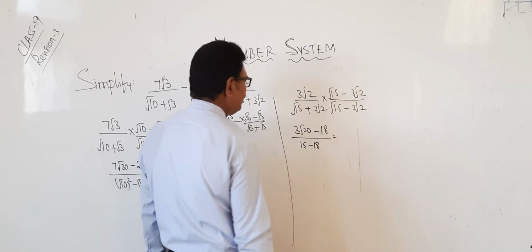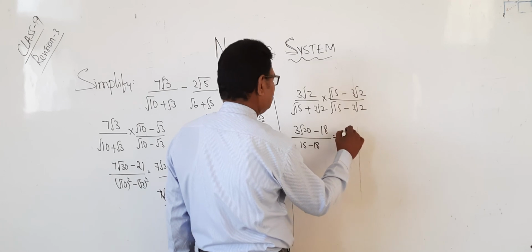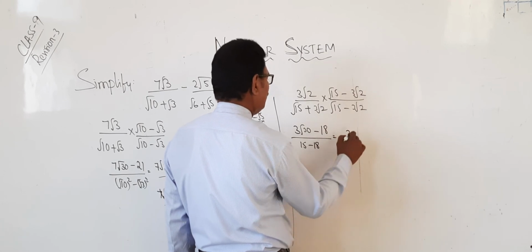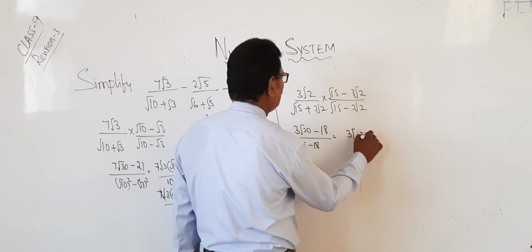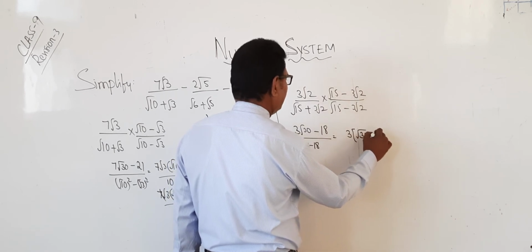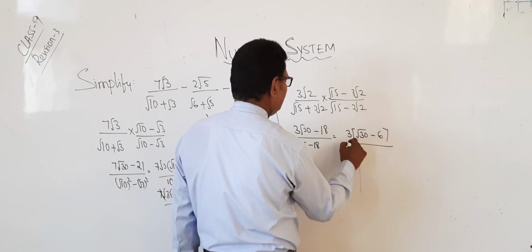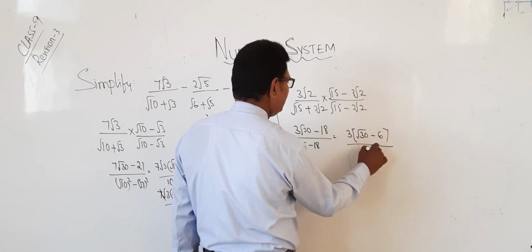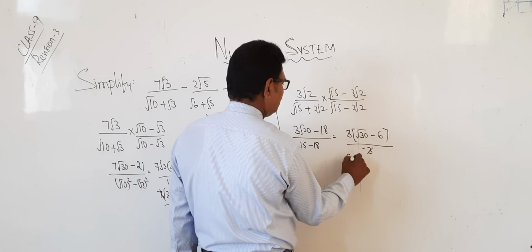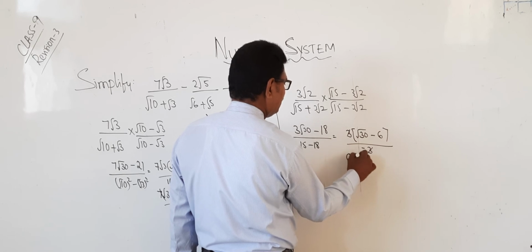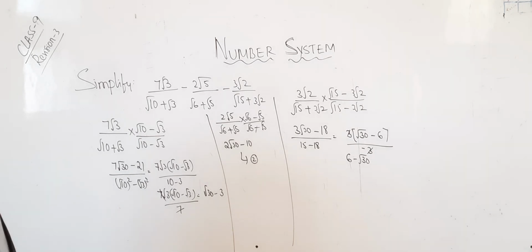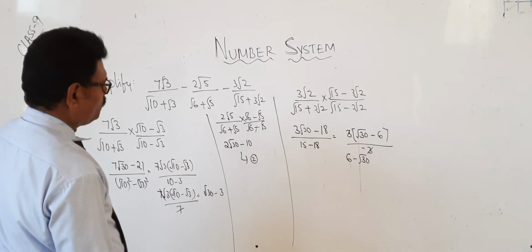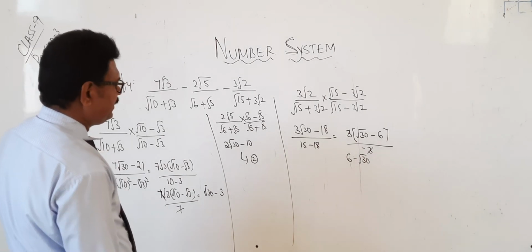So it is nothing but equal to 3. If you take common outside, what will become? Root 30 minus 6 divided by minus 3. Cut. Therefore 6 minus root 30. Okay na? Plus 30 and root 30.